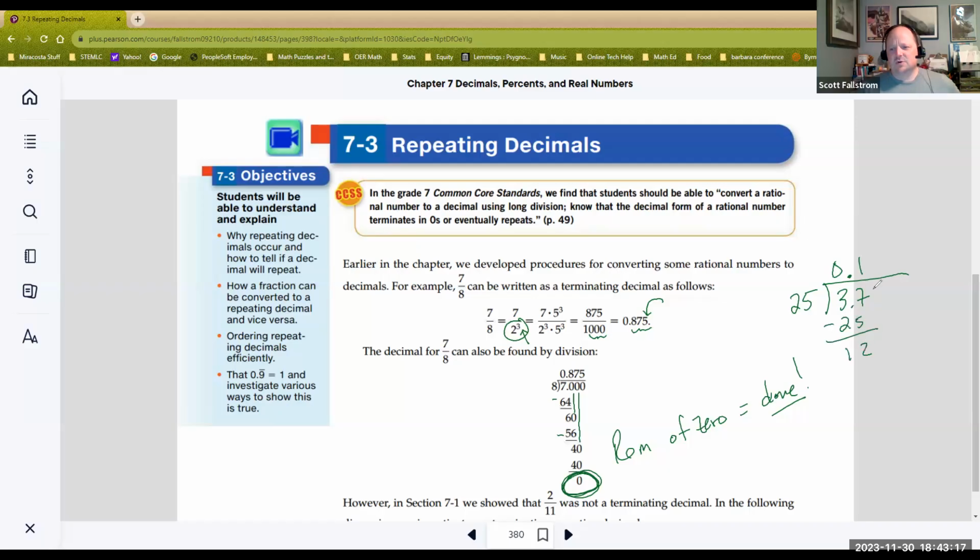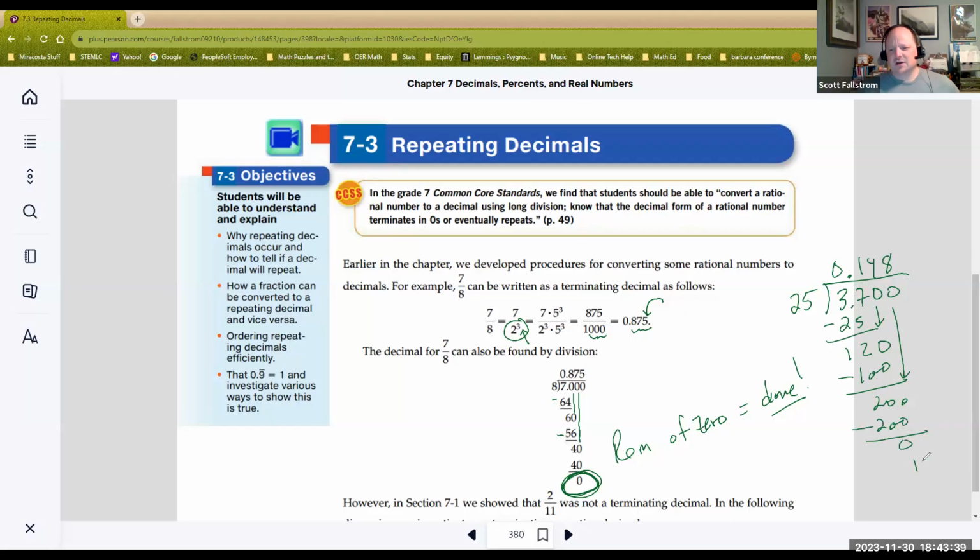Subtract, it leaves me with a 12. Bring a 0 in, because I can append zeros at any time I want. 25 times 5 is 125, so it must be 4. That gives me 100. And I bring another 0 in. Get 200. This goes in 8 times, because 8 times 25 is 200.